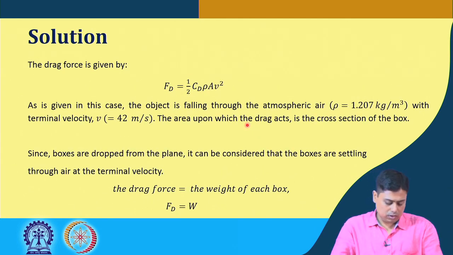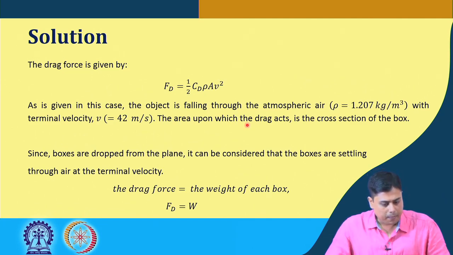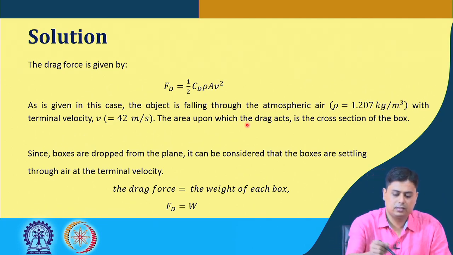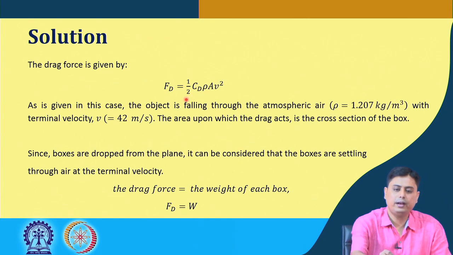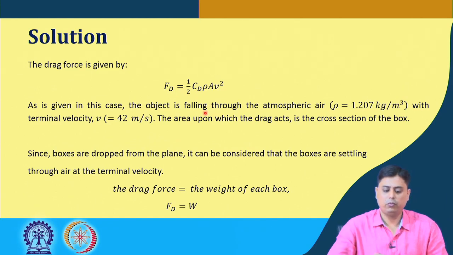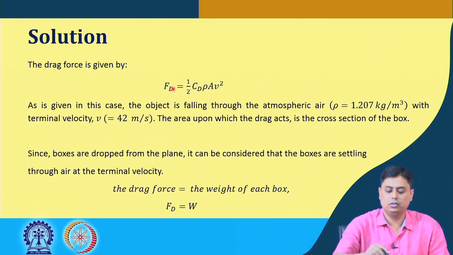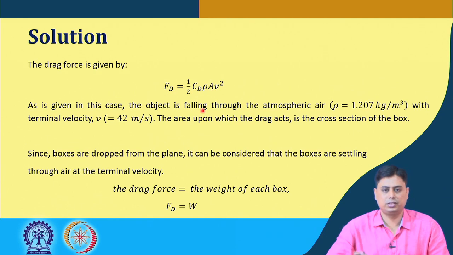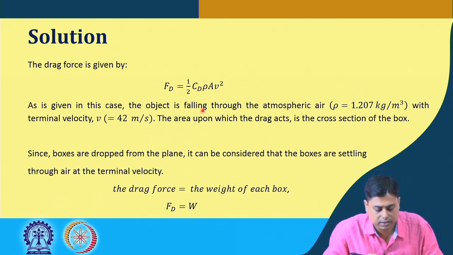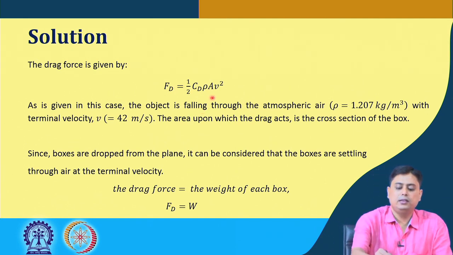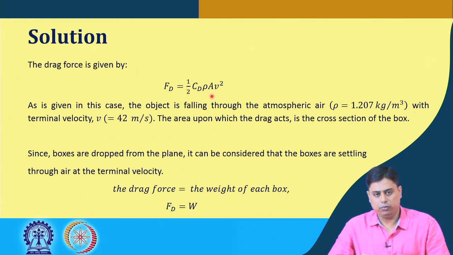So, the drag force that we know is Fd, which is equated with the expression that we have seen earlier, where Cd is the drag coefficient, rho is the density, A is the cross sectional area on which the drag force is acting, and V is the velocity with which it is traveling.